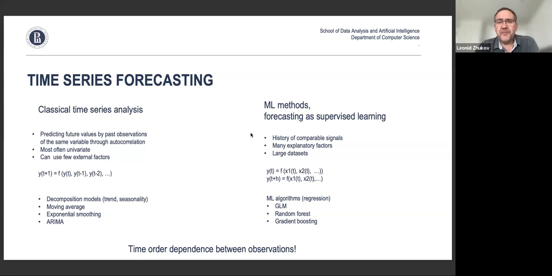And then we can, in fact, try to build a machine learning function that will connect the value of our time series with some factors that are also changing with time, and determine the function that connects it.